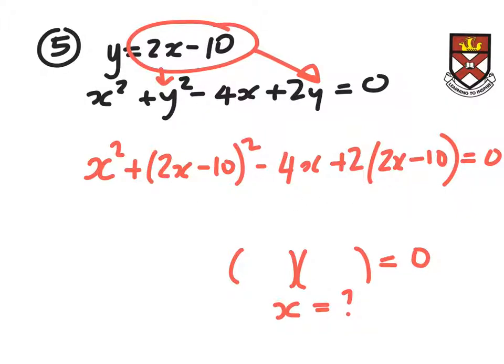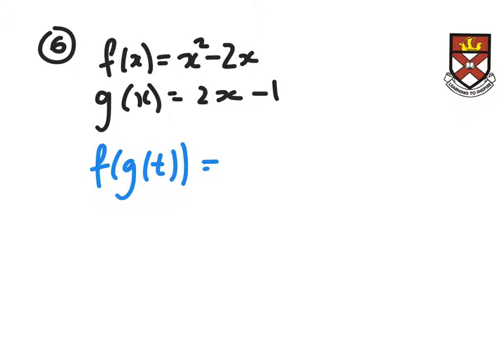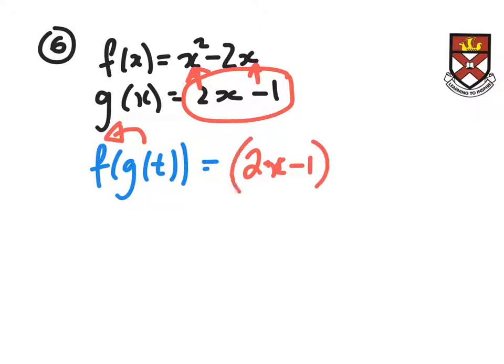Then the last question, f of g, so the g formula is going to go into the f, so this 2x minus 1 is going to go in here and in here, so you're going to have (2x minus 1) squared minus 2 lots of (2x minus 1).